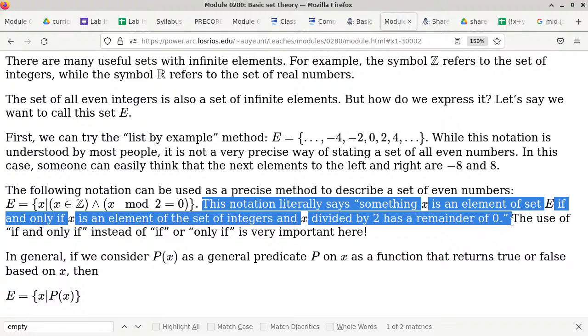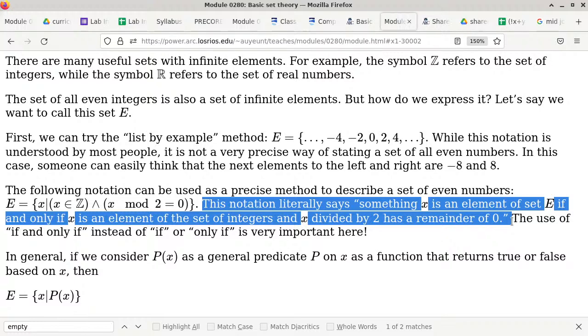So in this case, it basically says, in order for something to be in E, it must be an even number to begin with. But it doesn't say anything about whether it is sufficient. No, it's just one of the many conditions that is needed.